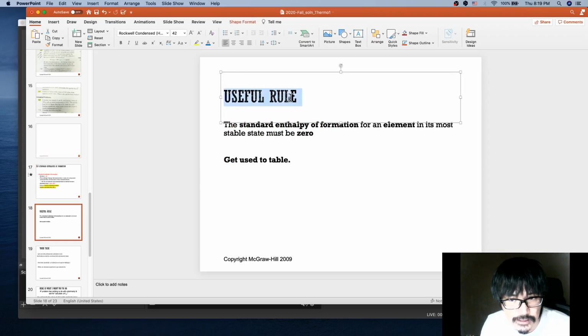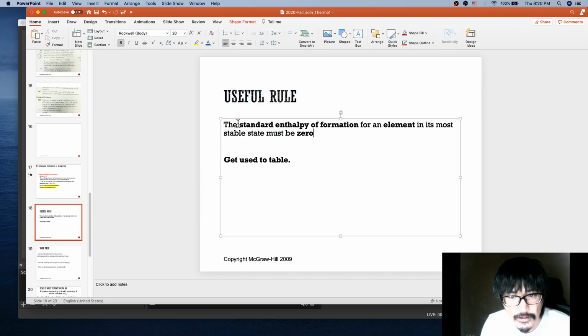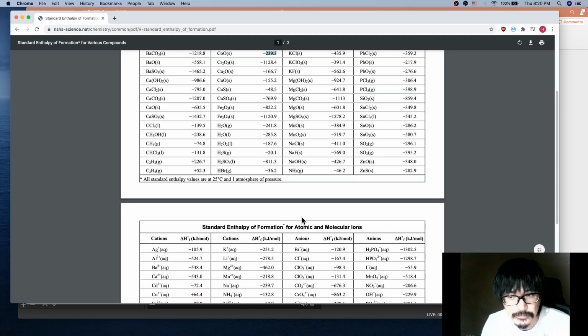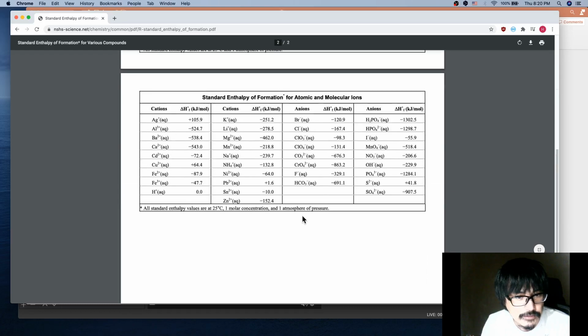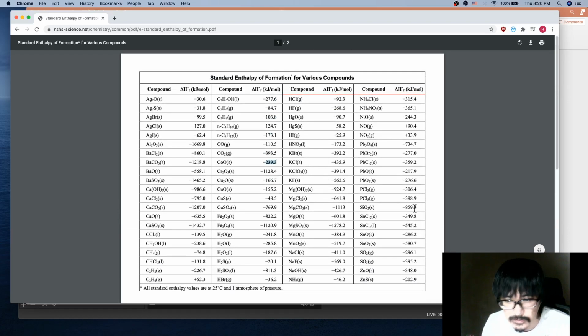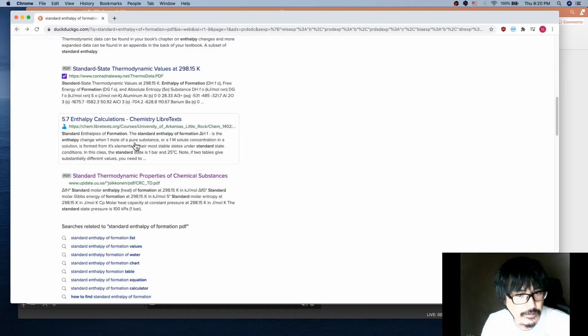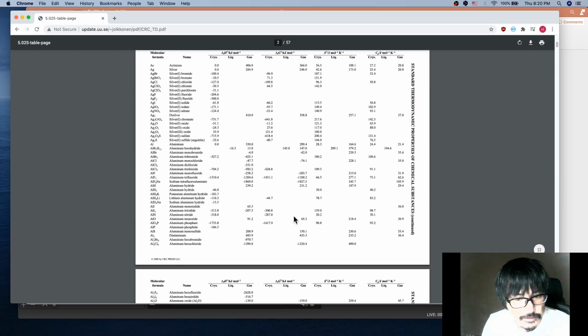A useful rule for the standard enthalpy of formation: for a pure element in its most stable state, for example carbon, which could be graphite or diamond, the standard enthalpy of formation is 0 for graphite. Let me go back to the previous table.